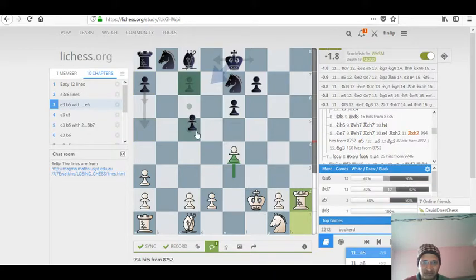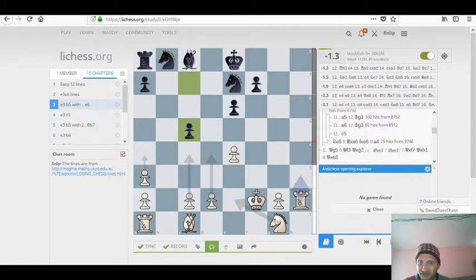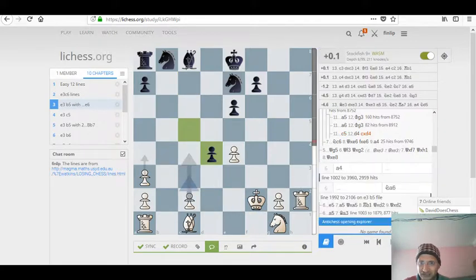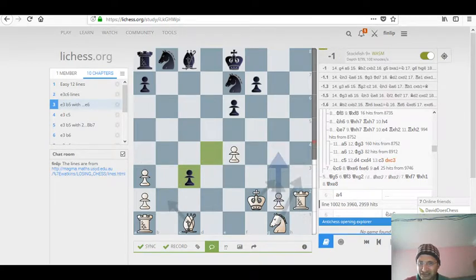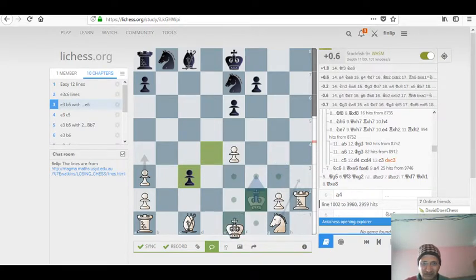Now let's look at the move c5. The reply to c5 is just d4, c takes on d4, and then we have c3, d4 takes on c3, and then we have the king coming to e1 here, f to e1.